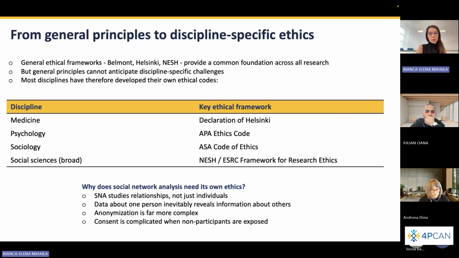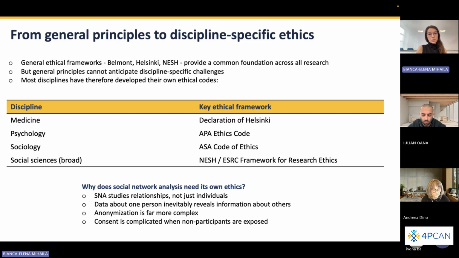The principles that we have discussed by now, the general principles from the Belmont Report to the Declaration of Helsinki, are somehow intentionally broad. They are quite general, but at the same time, there are some different parts of the social sciences that deal with different types of problems related to ethics.